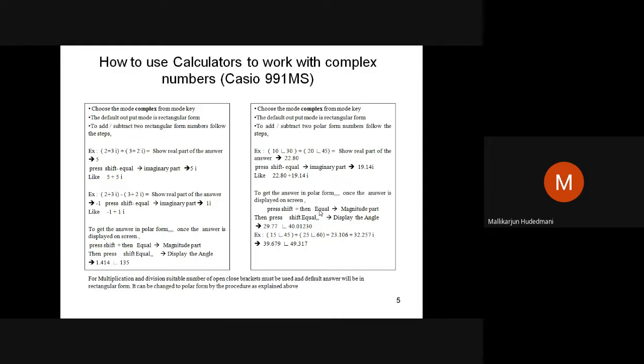When you hit equal, the first answer is 29.77, the magnitude. And when you hit shift equal, you will get the angle, 40.0123 degrees. Like this, the addition of quantities in polar, whose default answer is in rectangular, is converted to polar.